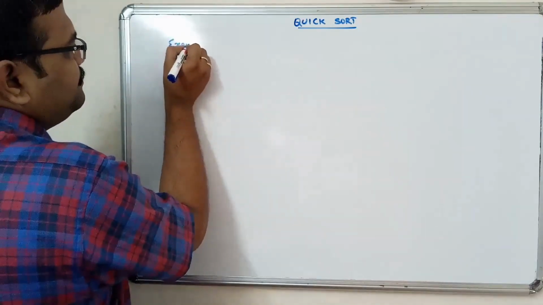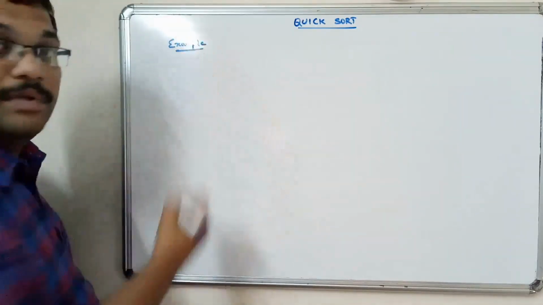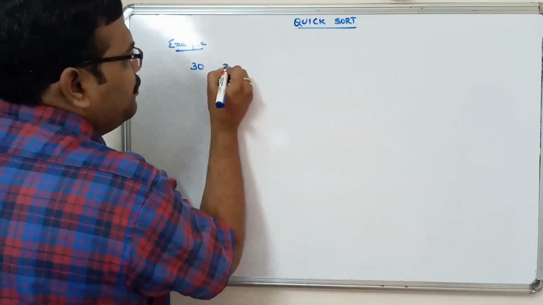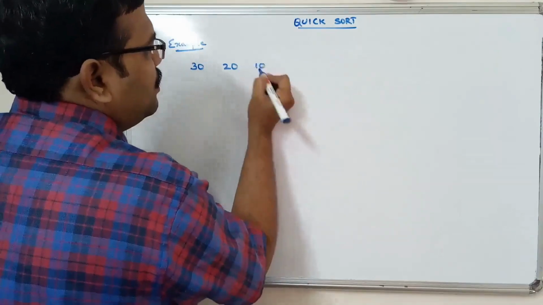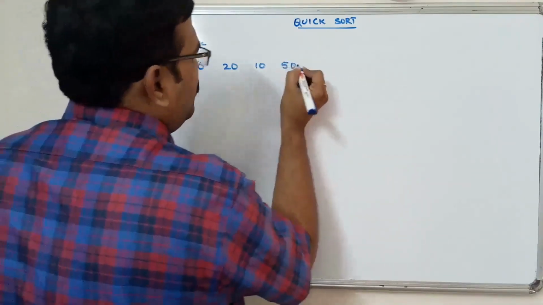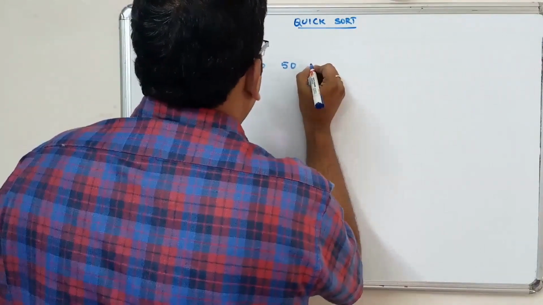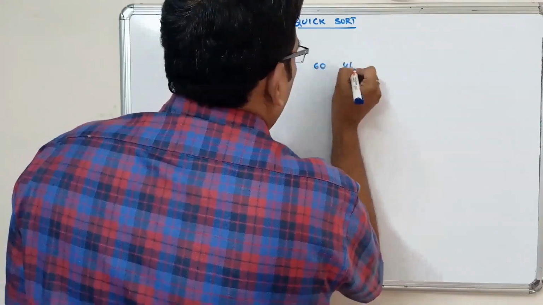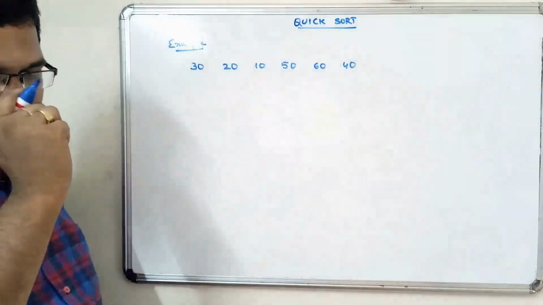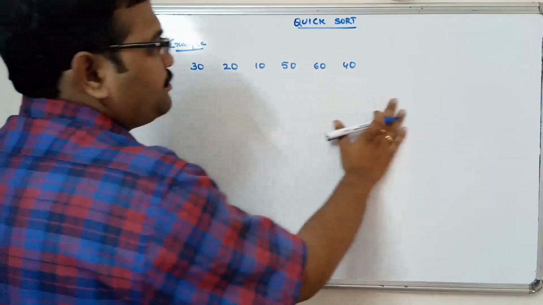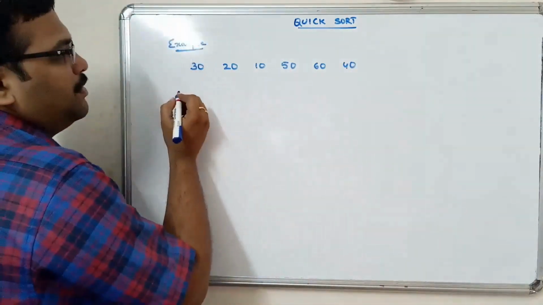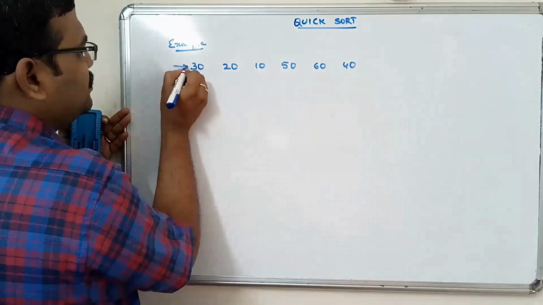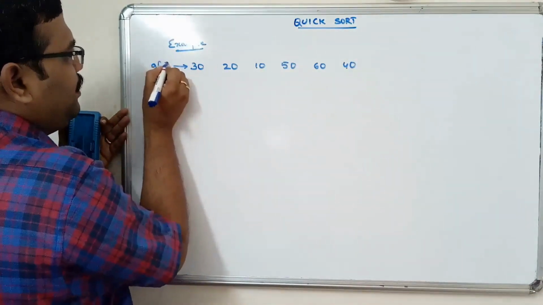Example. Let us take some elements. Consider these elements. See, these are the elements of an array.